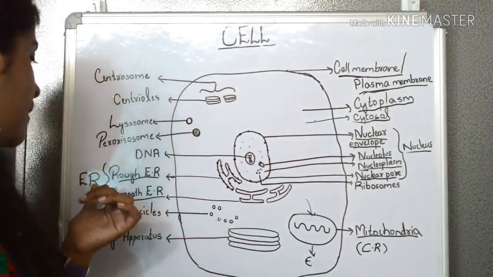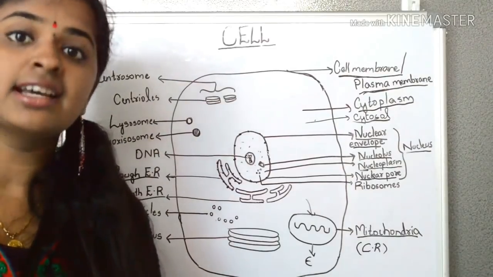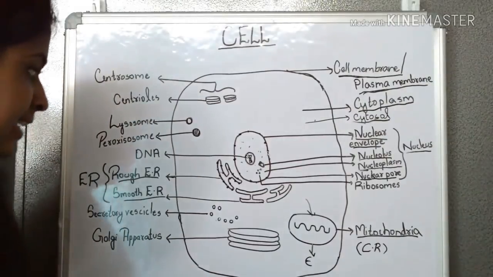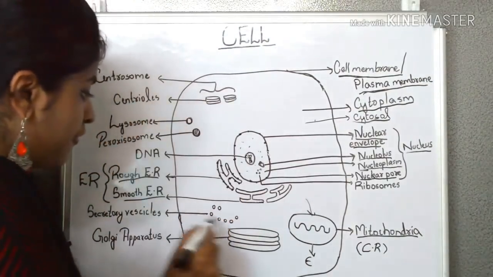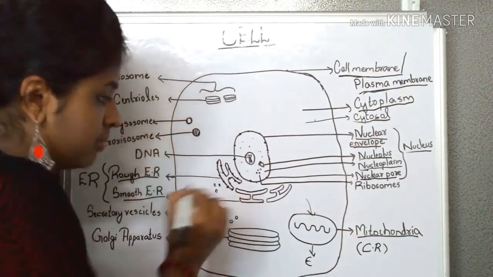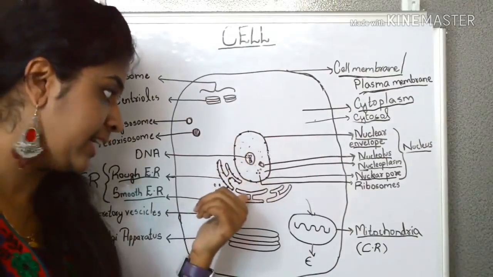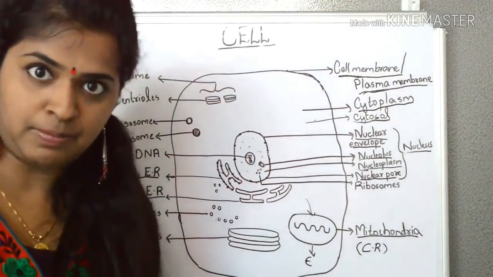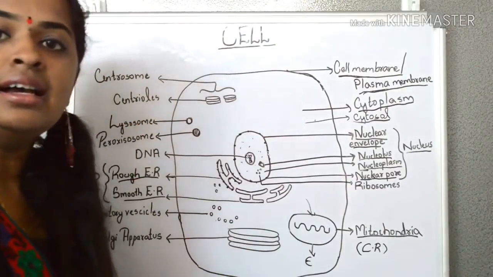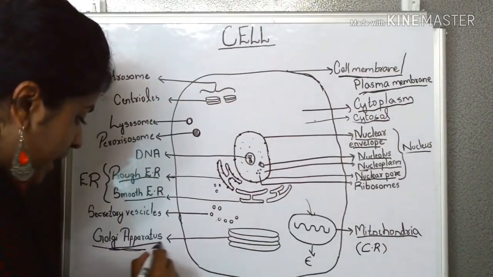So the endoplasmic reticulum in general produces proteins and folds them, and they will be carried by vesicles. Vesicles are small round bodies, and they carry all these proteins made in the endoplasmic reticulum to another organelle called the Golgi apparatus.